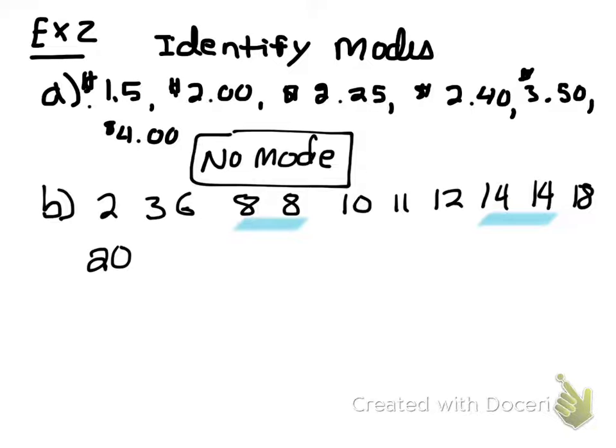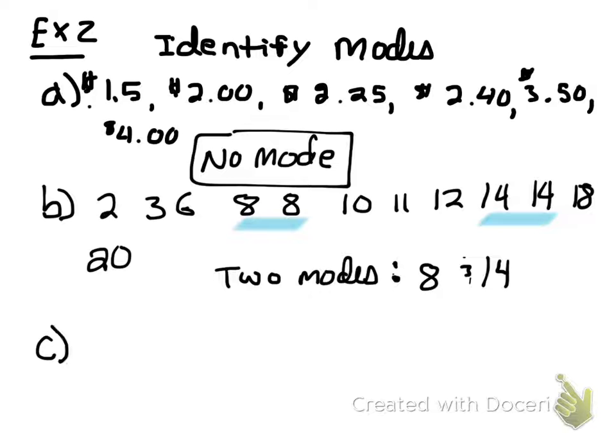So we have two different numbers that repeat, and they repeat the same number of times. They both repeat twice, so we have two modes on this list. 8 and 14 occur the most often in this list.